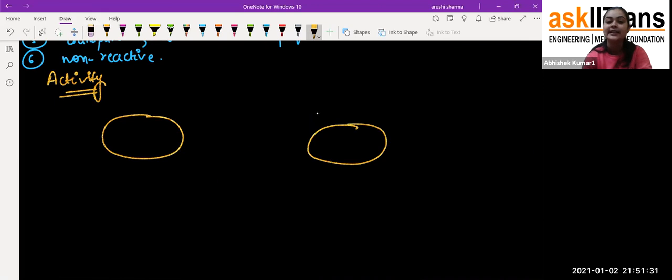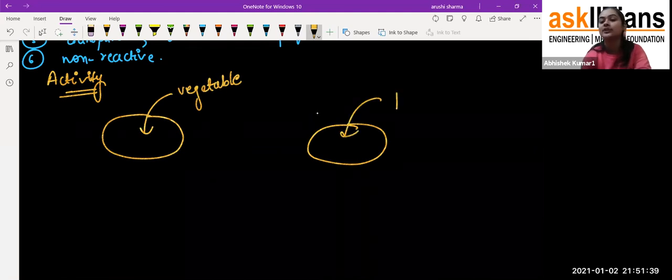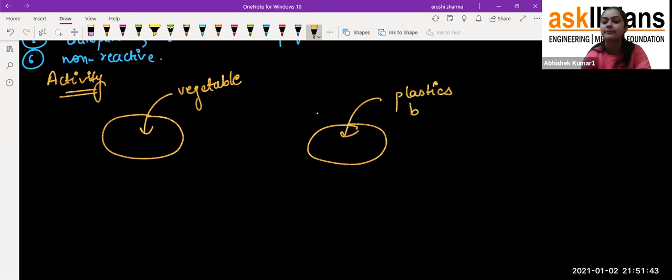These are two pits, and in one pit you put vegetable peels, and in the other you put a plastic bag, a polythene bag. This is the soil part, students. And then just cover it.